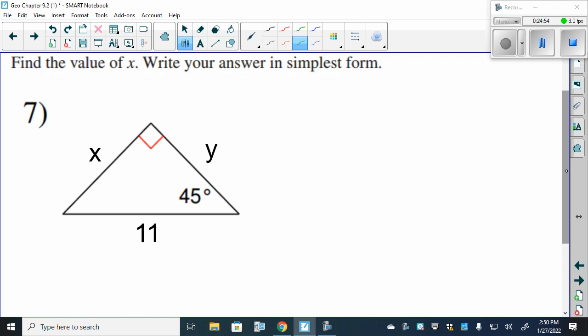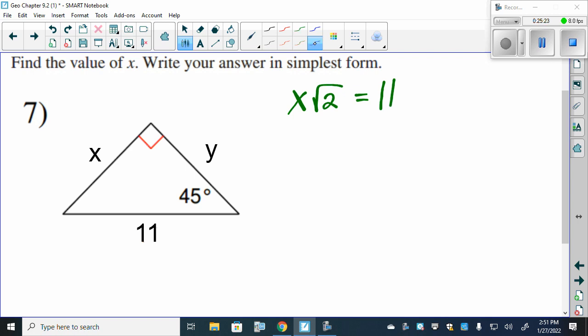This would be, well, we don't use decimals because decimals and radicals don't go together. So we can look at it, not leg, x square root of 2, the leg times the square root of 2 should equal what? 11.